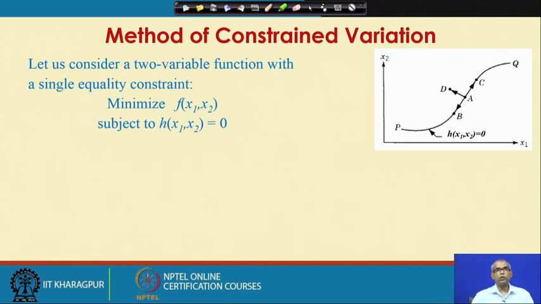Next, let us talk about the method of constraint variation. Let us consider a 2 variable function with a single equality constraint. So, we are considering a function f of x1 and x2. We want to minimize f(x1, x2) subject to the constraint h(x1, x2) equal to 0. So, you have a 2 variable function and a single equality constraint.